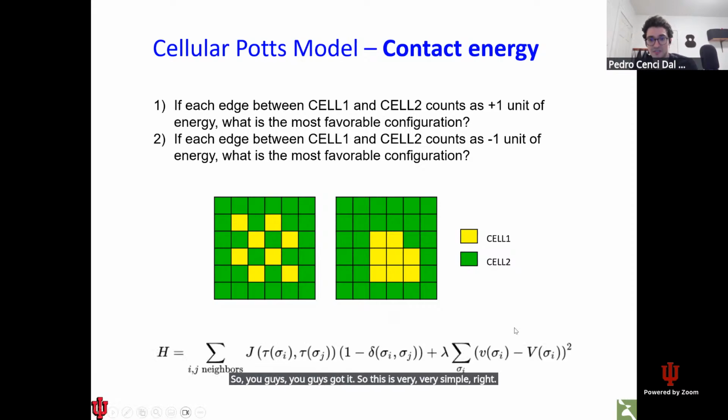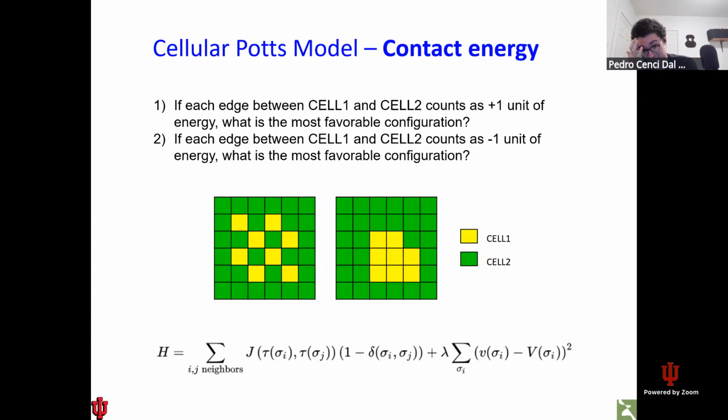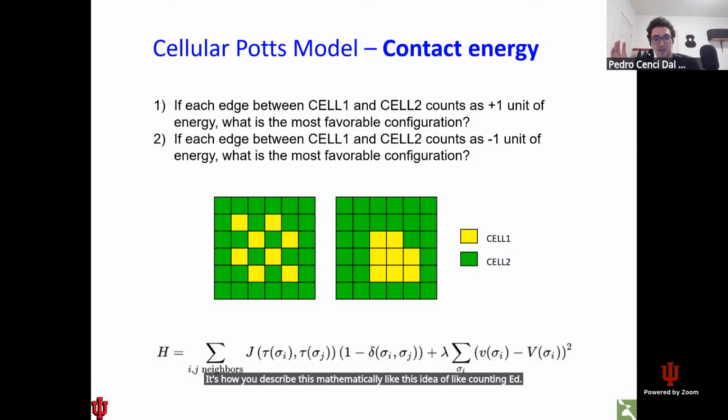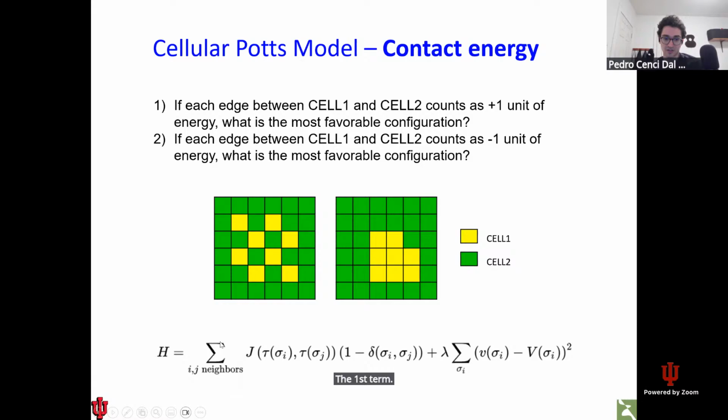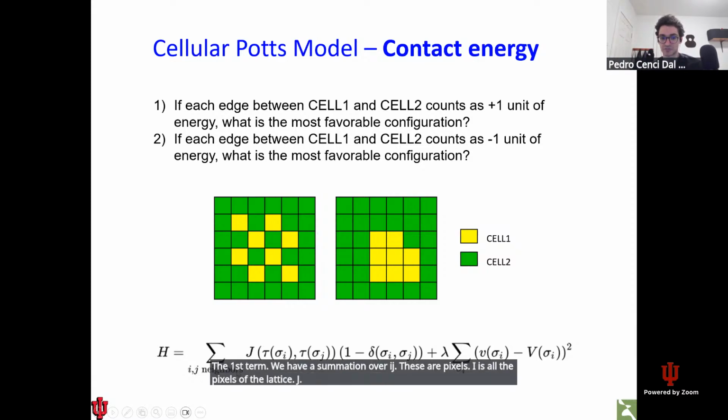This is the formula. It's how you describe this mathematically, this idea of counting edges between objects of different types. Okay. The first term, we have a summation over i, j, these are pixels. i is all the pixels of the lattice, j is the neighbors of the pixels. And we are counting an energy thing.